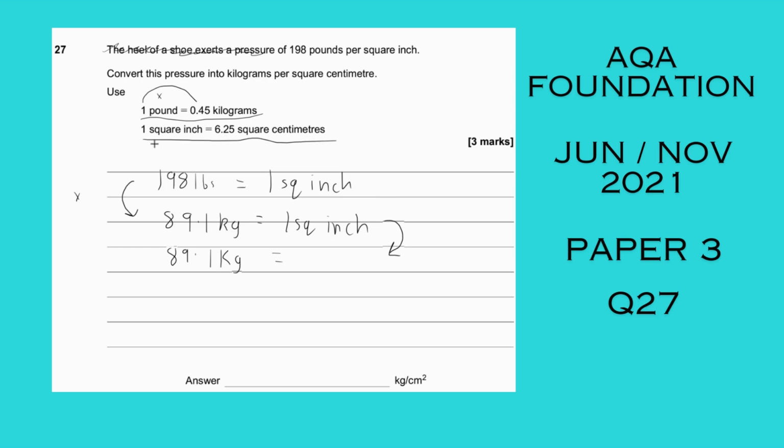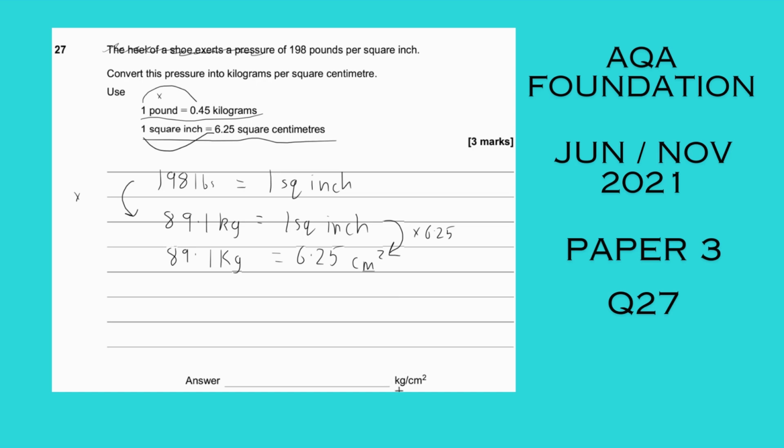So our multiplier to go from 1 to that is we're going to times by 6.25. So that will be 6.25, but the inches has now become square centimeters.